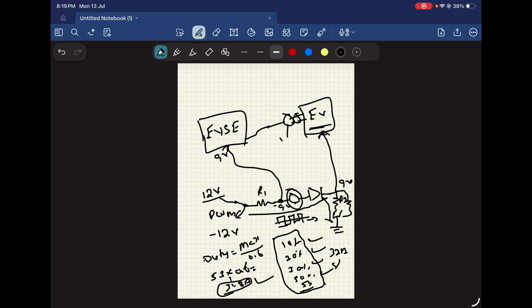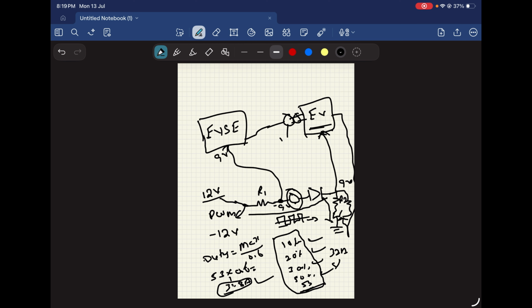Once the electric vehicle reads this PWM, it will decide whether the internal onboard charger is capable of that current rating or not. If it is confirmed that it is capable of charging, it will generate one signal to this switch.